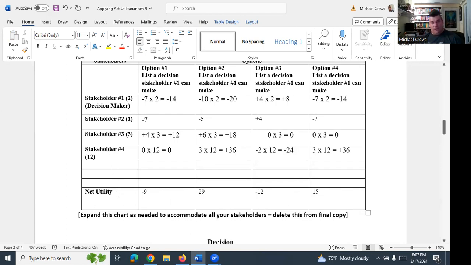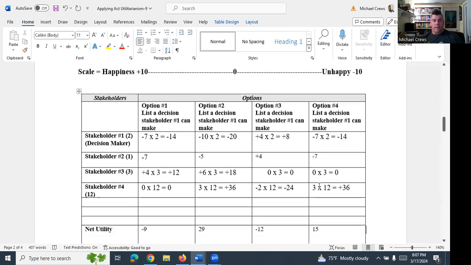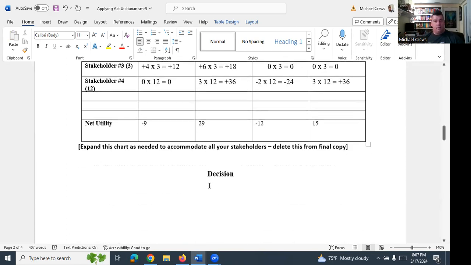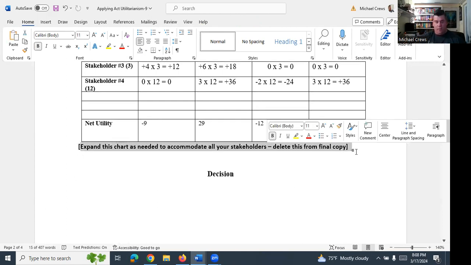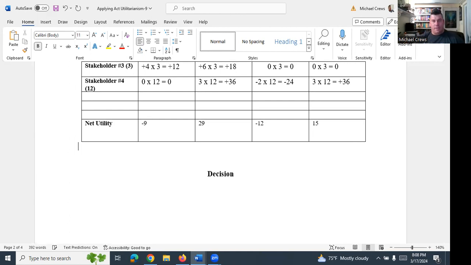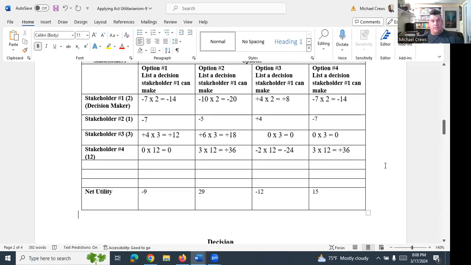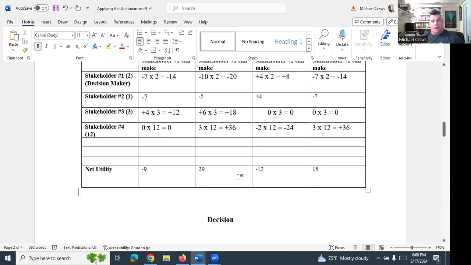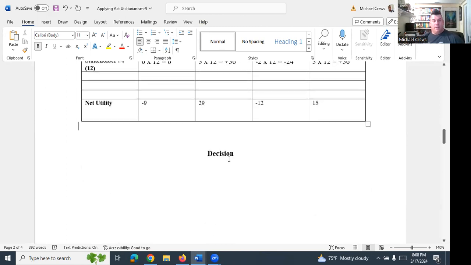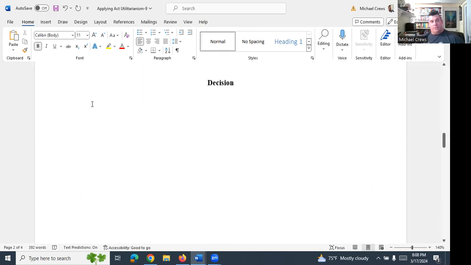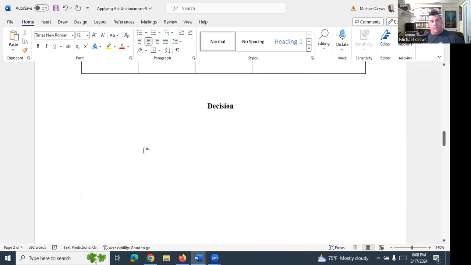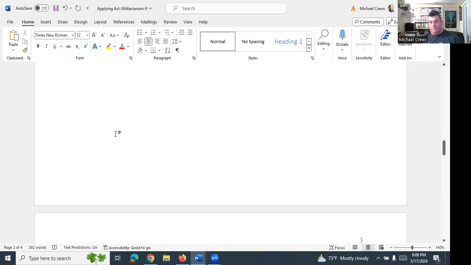So I'm just going to keep filling these in for as many stakeholders as I had. When this says, delete this from the final copy, delete this. People are still leaving that stuff in there. I'm going to take a point off if you do that, because it's attention to detail. So you fill out your chart, you find out what your highest net utility is, and then all you have to do is come here to decision, click in there and type your paragraph.